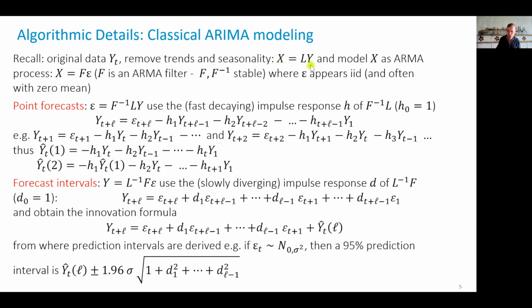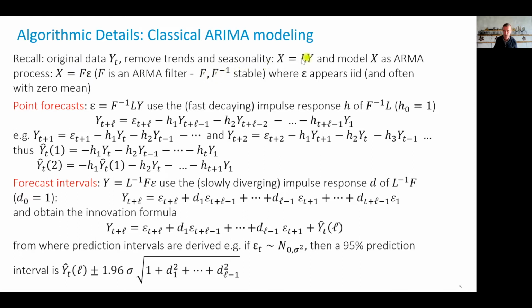So I recall here the notation. We have the original time series, y. We difference it, we obtain x, and the filter that we applied is called L. And then we're not happy with the difference data, so we apply another filter, or more precisely, we assume that x is the application of a filter f to IID noise, and f is an ARMA filter, which I recall implies that the filter and its inverse are stable here.